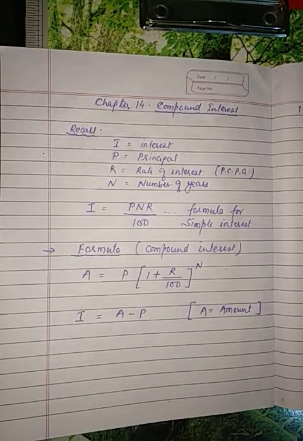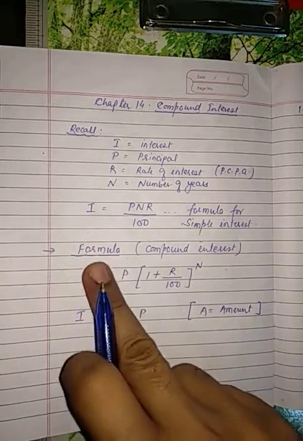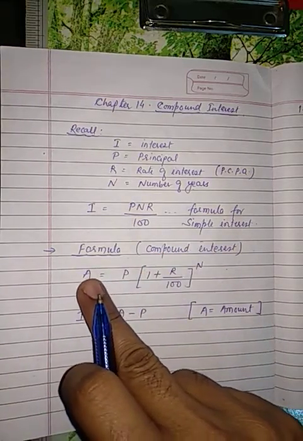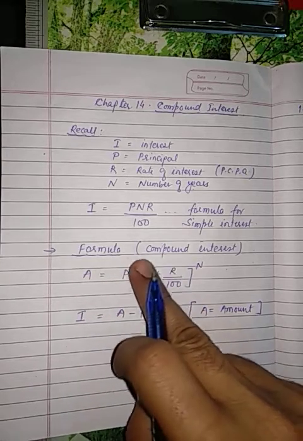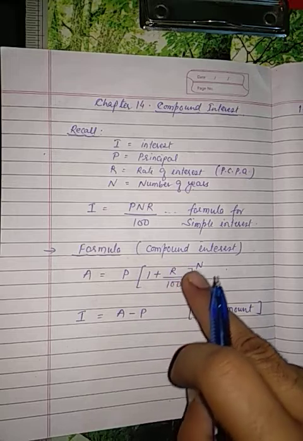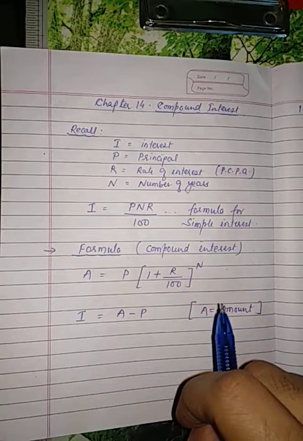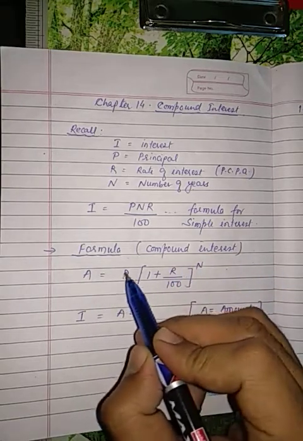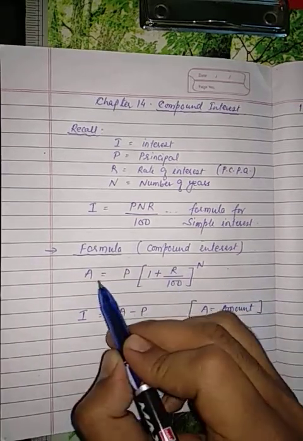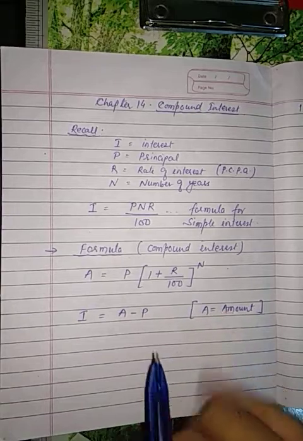The formula to calculate amount using compound interest is A is equal to P multiplied by (1 plus R upon 100) raised to N. The terminology will be the same: principal, rate and time, and A represents amount.